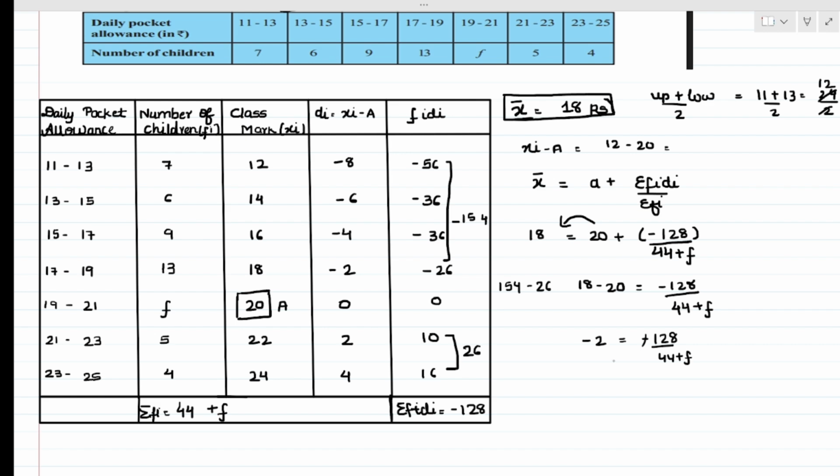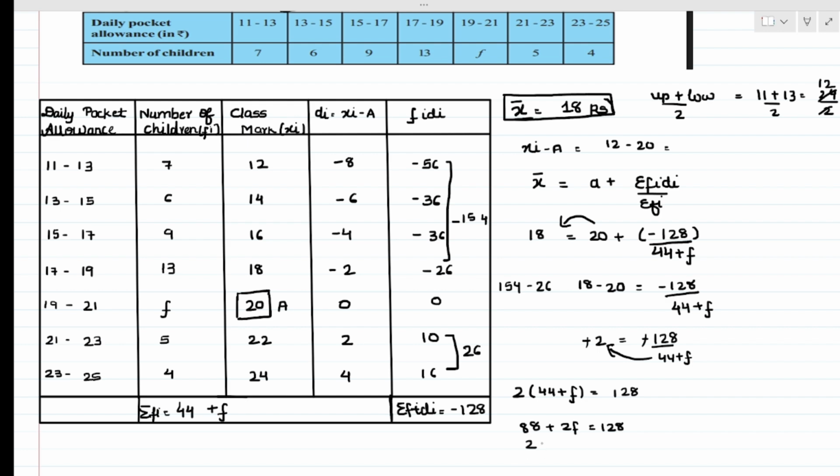Now as you can see, this negative and this negative get cancelled. This 2 carries over here. This denominator goes into multiplication. That means 2 multiplied by 44 plus f will be equal to 128. So 44 into 2 gives you 88 plus 2f equals 128.